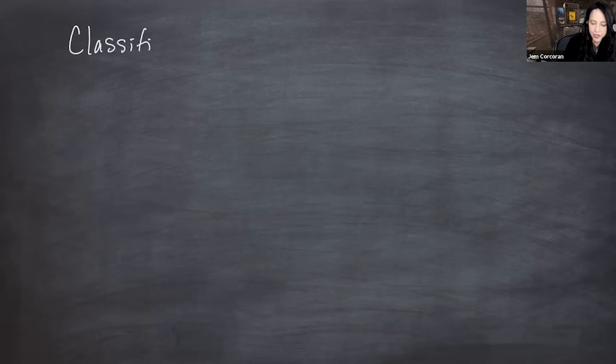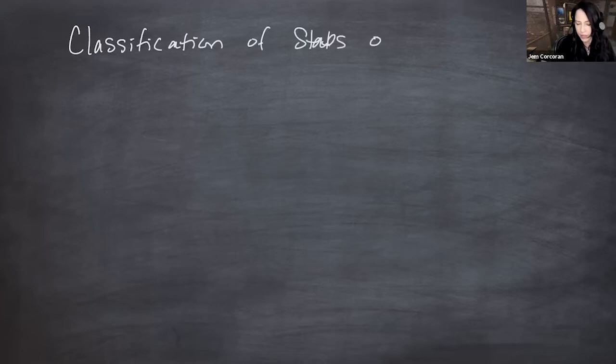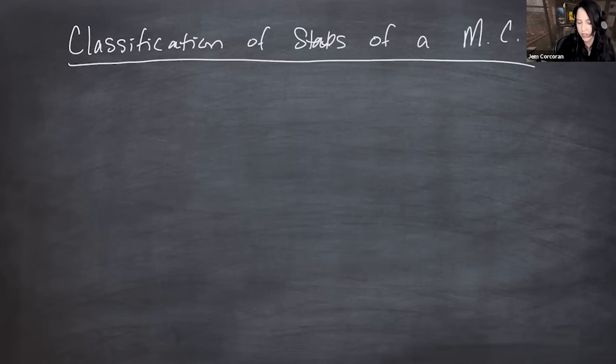Okay, so we're in a section that I'm calling classification of states of a Markov chain, which again is just a bunch of definitions and stuff, but we're trying to be able to state some theorems about when that limit will exist and other things.